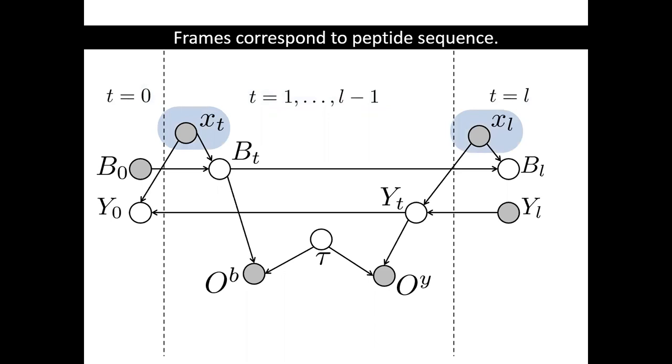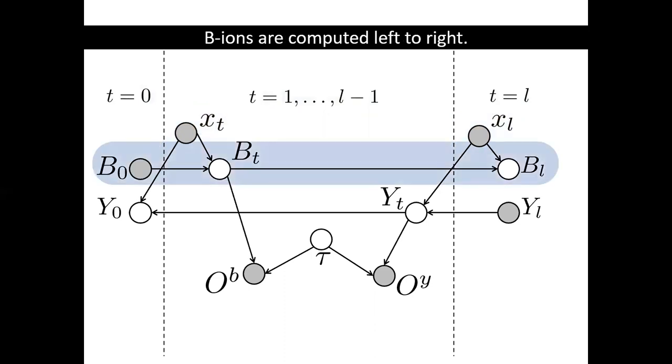In all frames past the first, we have observed variables x, which correspond to the sequence of peptides. If we consider traversing the model from left to right, we would consider the entire peptide sequence. Next, we have the b variables, which effectively accumulate prefix masses in subsequent frames.